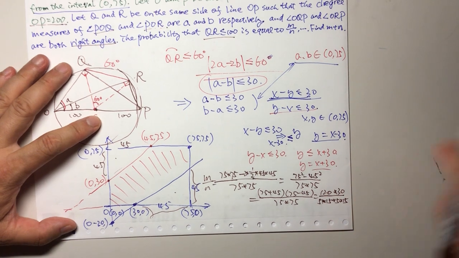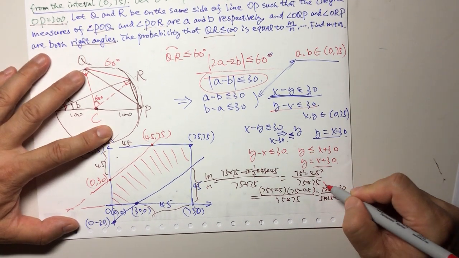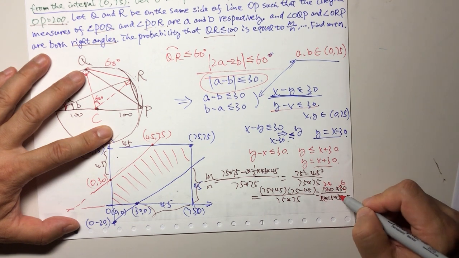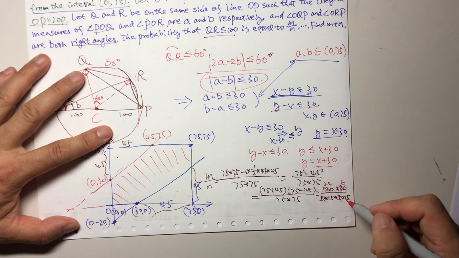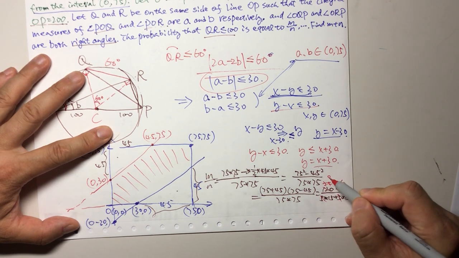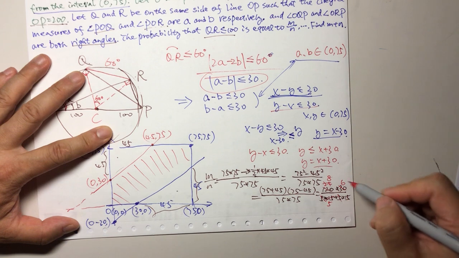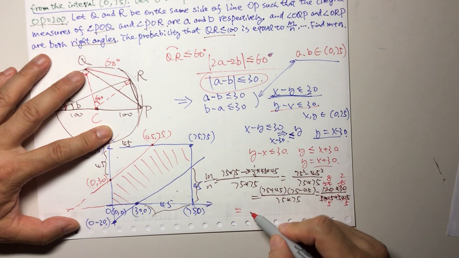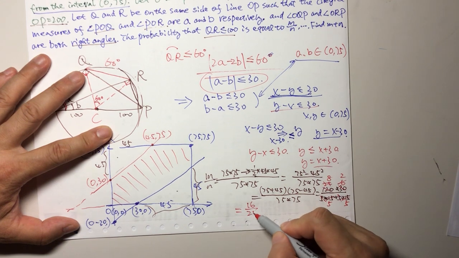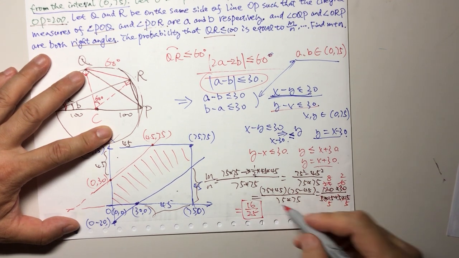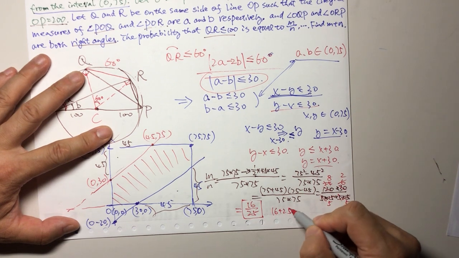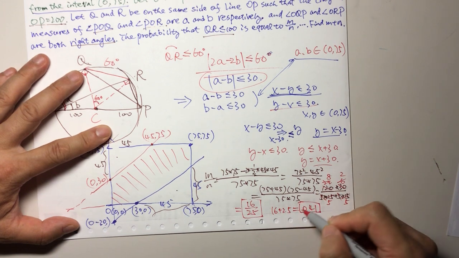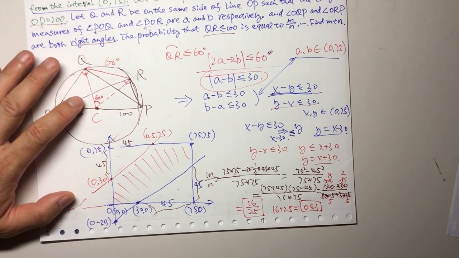Then we divide by 5, then by 3. So the final answer is 16 over 25. That's the probability. So m plus n is 16 plus 25 equals 41, right? That's the final answer. We are done.